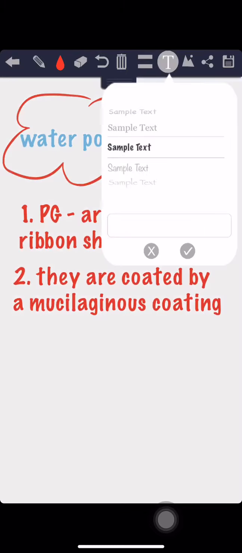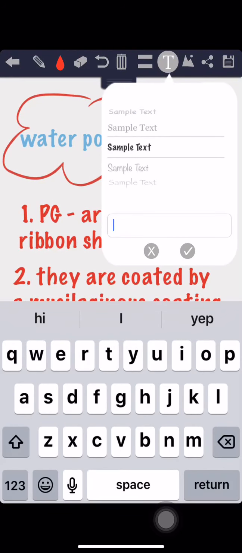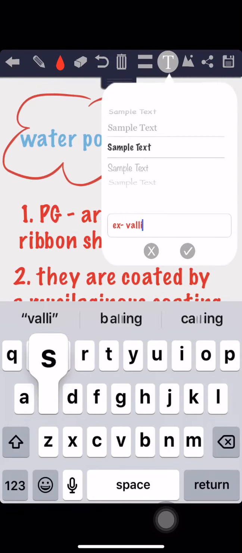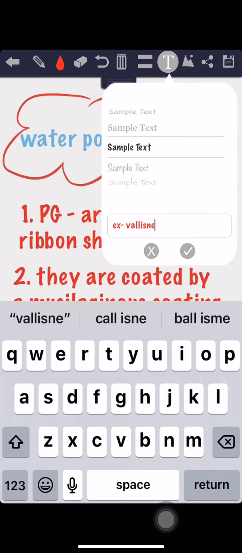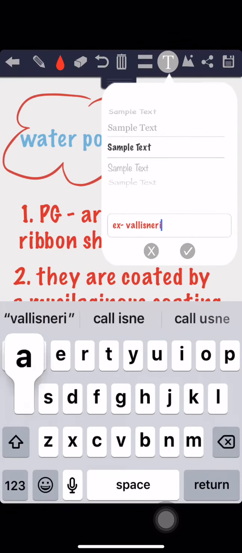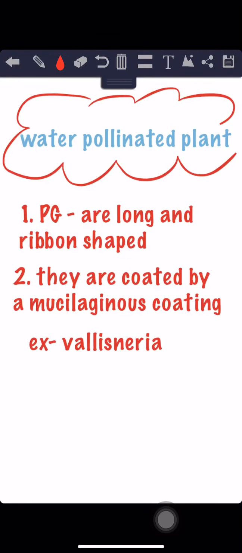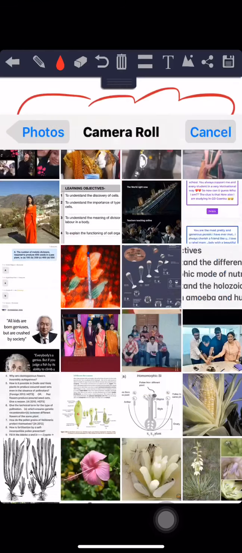Okay, a very good example of such kind of plants is Vallisneria. I can show you the image of it so that it will be more clear to you all.